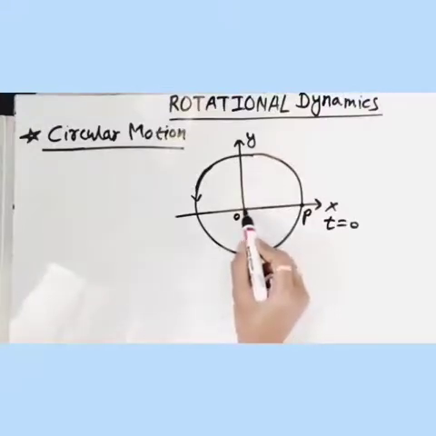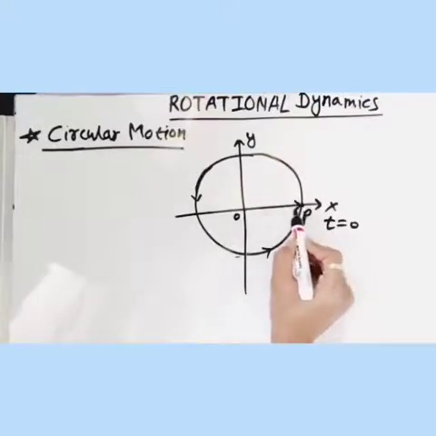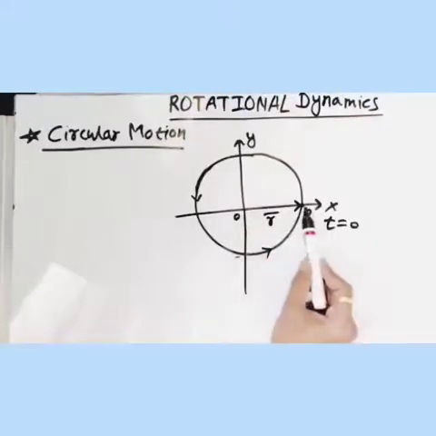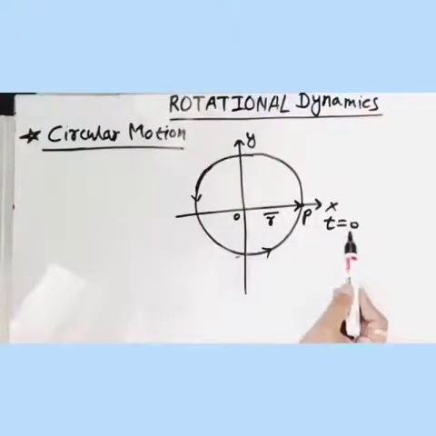So we will draw this vector OP. This is called the radius vector, as well as the position vector, which indicates the position of particle P when time t is 0.